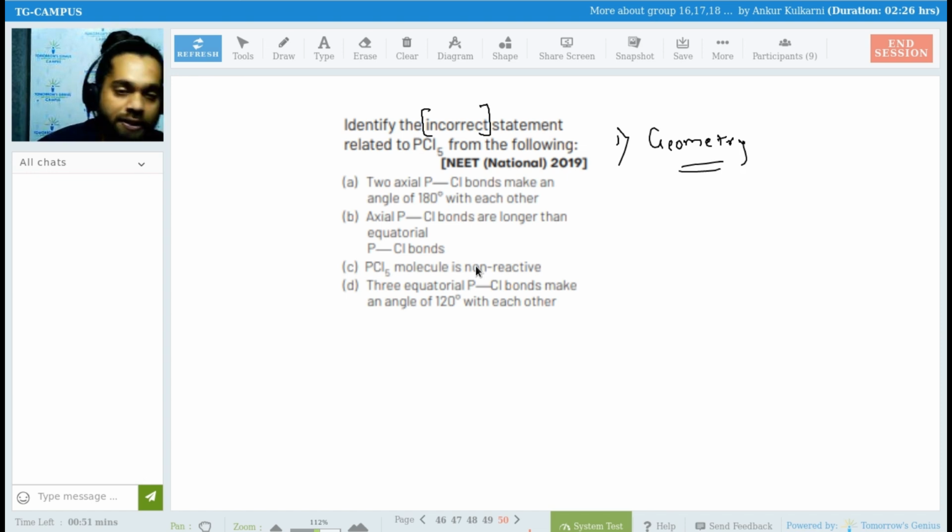Yes, Anthony, got it. What will be the geometry over here, Sashidharan, Sarjana, Prashansky? According to VSEPR, what will be the geometry? Anthony, what will be the shape, geometry? Yes, Prashansky, what will be the shape and geometry over here? Sashidharan, Sarjana, come on, solve it according to VSEPR.